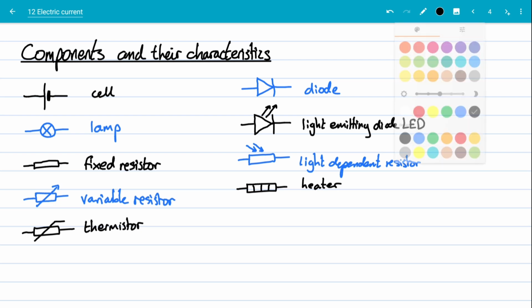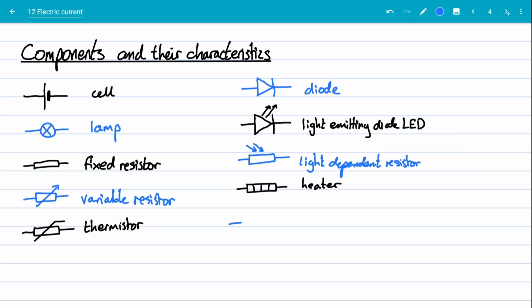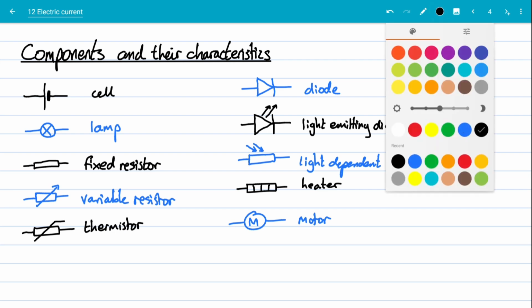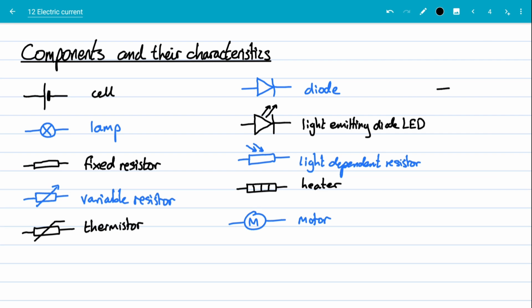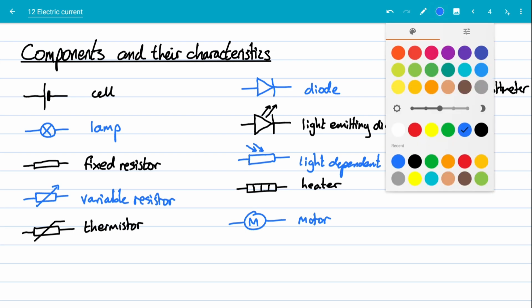We can have a motor, and that is actually just a circle with an M in it. Also, sometimes you'll see other symbols for stepper motors and things like that. That's all their motor is. And on the subject of things that are just sort of circular symbols with letters in them, we've missed out our voltmeter, and our ammeter.